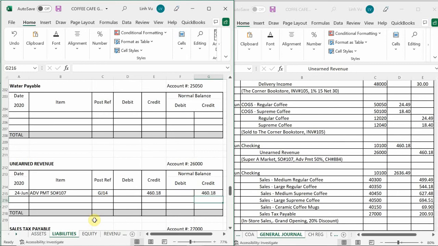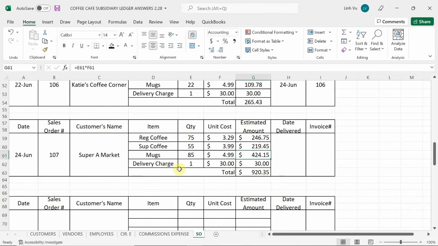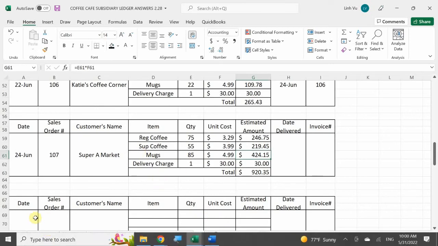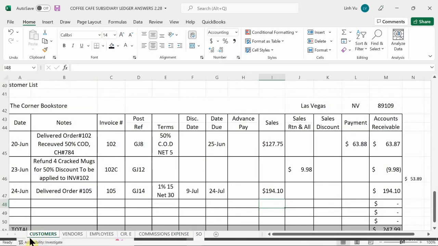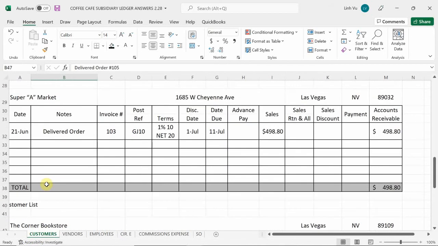Okay. All right, so I now need to go to my subsidiary ledger. Since I already put my sales order in, right, I need to also update my customer because now I need to reflect how does that affect my customer. Okay, so right now he owes me $498.80.